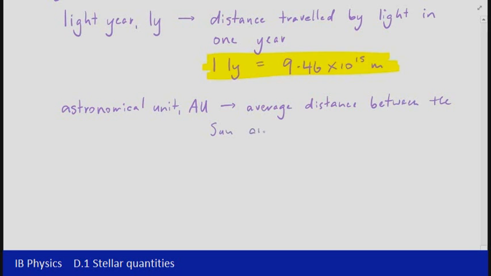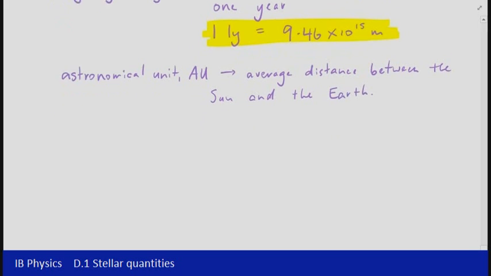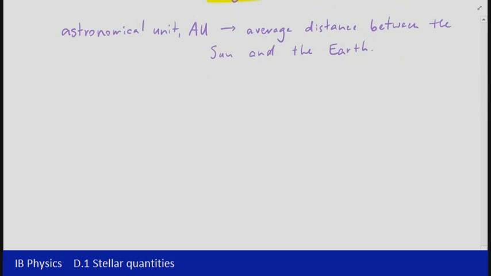So if you were to look at the orbit of the Earth, it's not exactly circular, it's a little bit elliptical. So if you take the average distance, you would get the quantity of 1 astronomical unit, and 1 astronomical unit is equal to 1.50 × 10^11 meters.